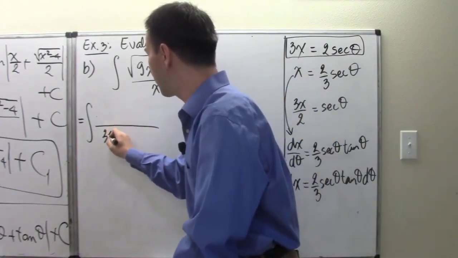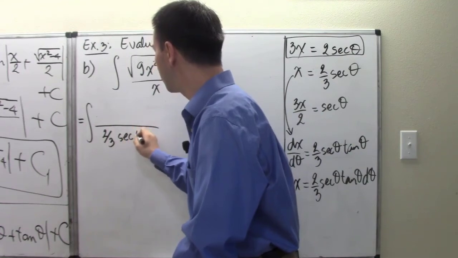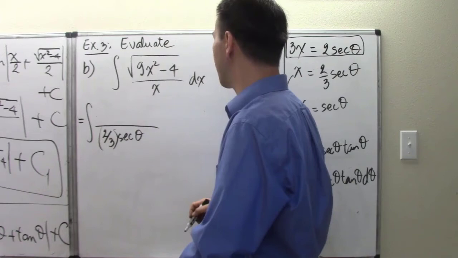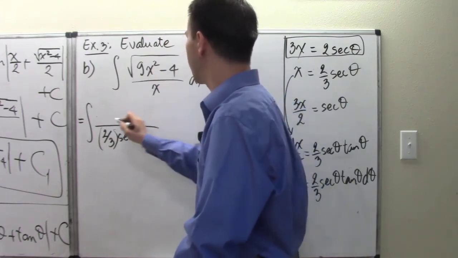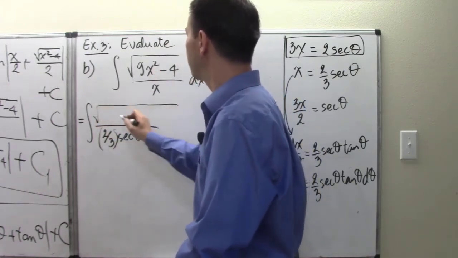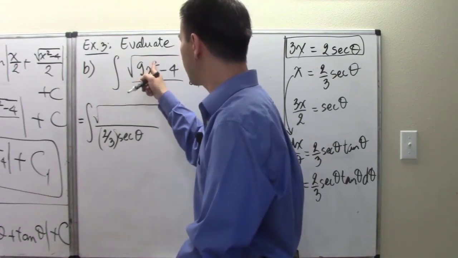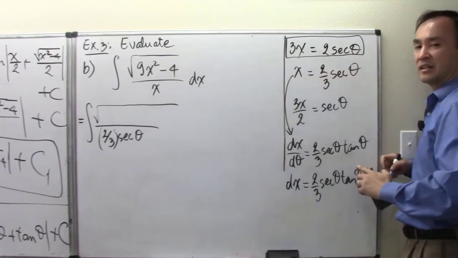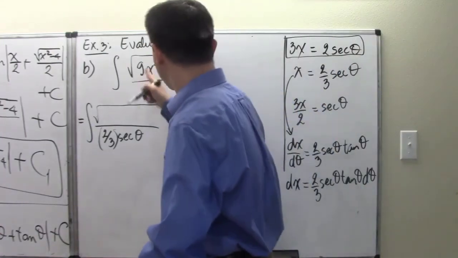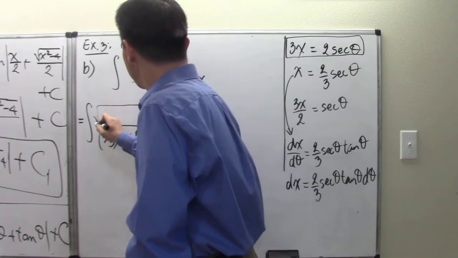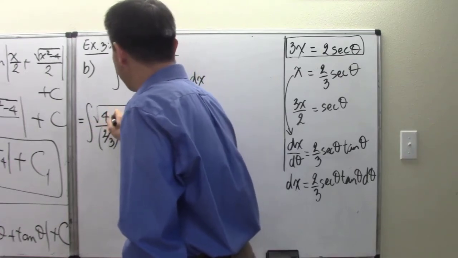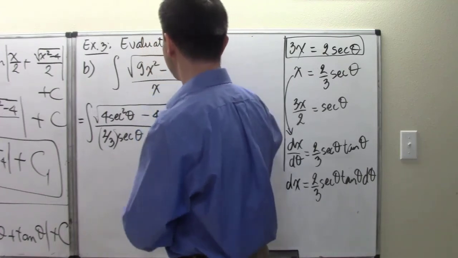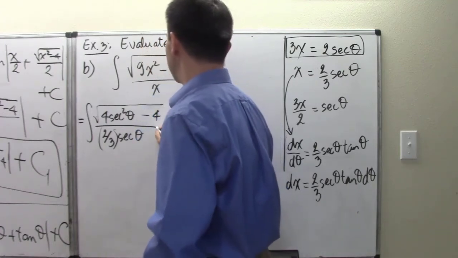In the square root expression, we have 3x all squared, and 3x is substituted by 2 secant theta. So 3x all squared is going to be 4 secant squared theta, and then minus 4. That's how I see it in the square root.